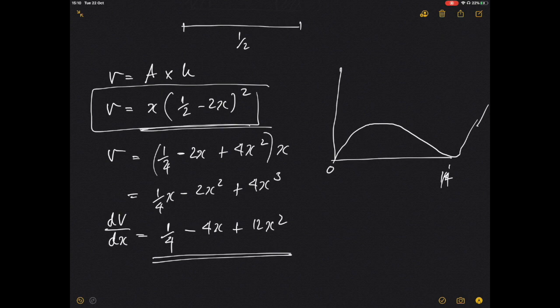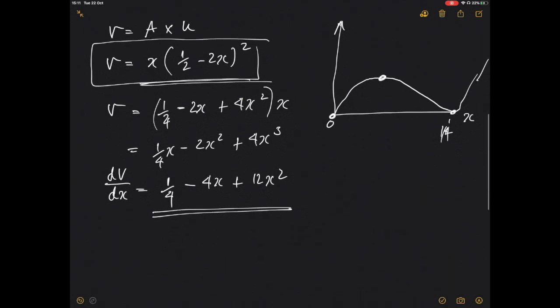So what we're trying to find now is our volume and this is our x. We're trying to find the point where this would be our first turning point, this would be our second turning point, but we want to find the turning point in the middle where we actually have the maximum value. So we can do this. So what we can do now is we can say, well, we've got our differential.